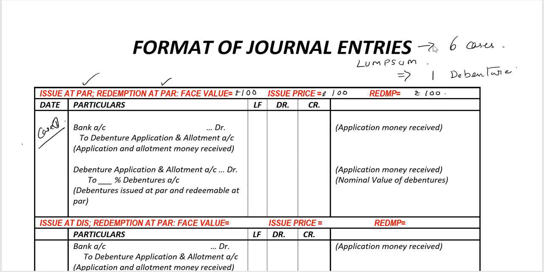In case 1, the first journal entry is bank account debit to debenture application and allotment account for the application money received. When the issue is at par and one debenture of rupees 100 has been issued, the amount of application and allotment money received will be 100 rupees.